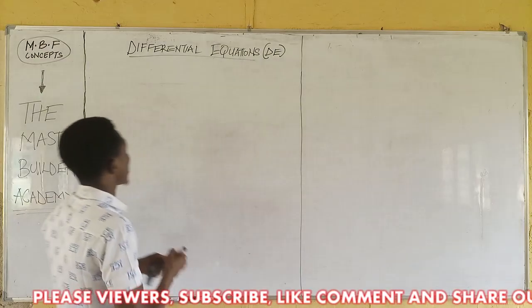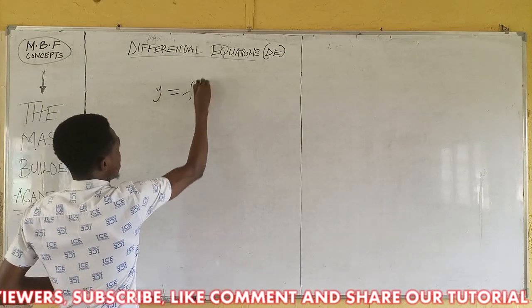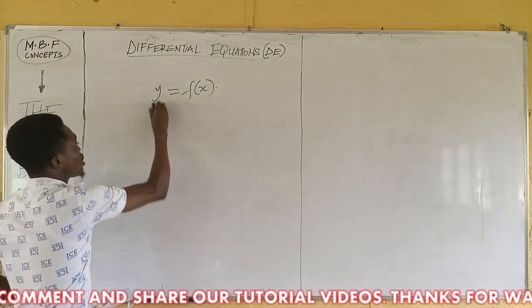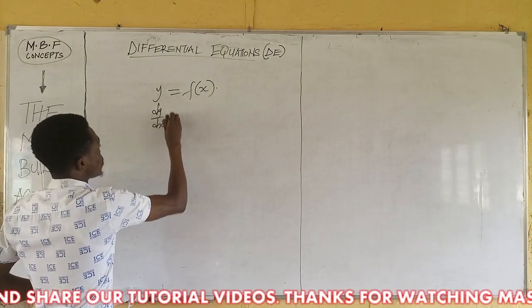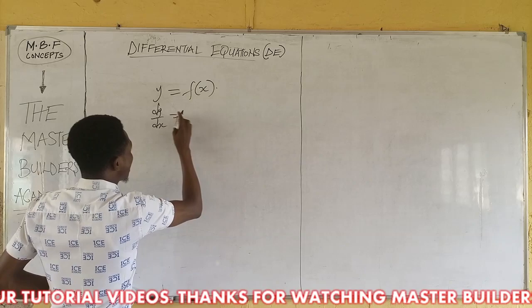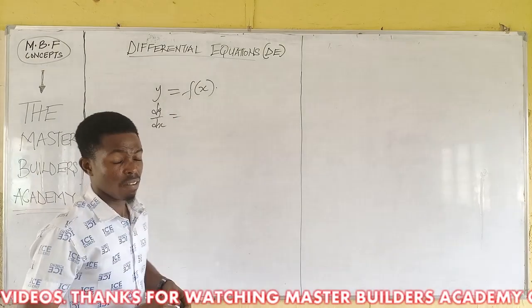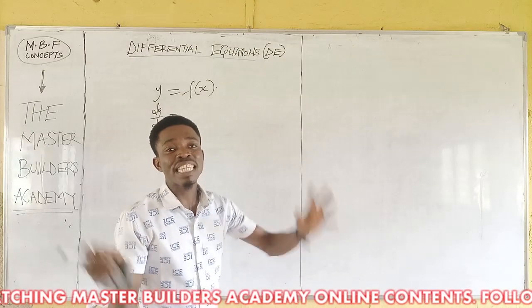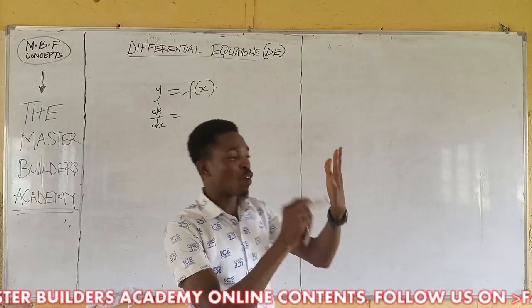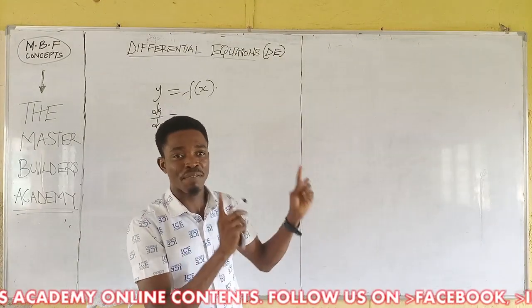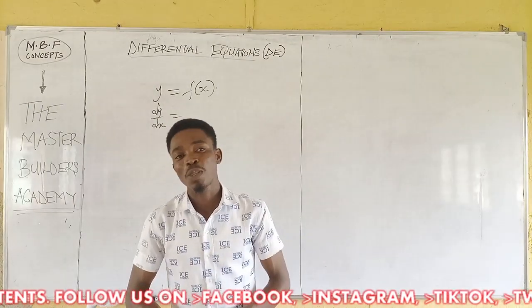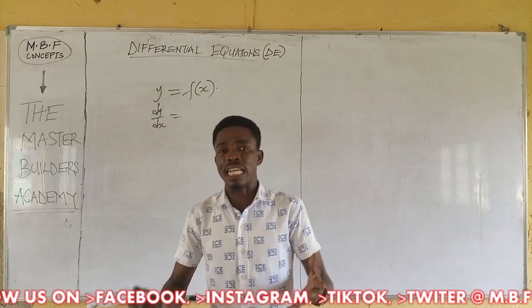Now, if for instance we have y is equal to a function of x, when I differentiate y with respect to x, this is a derivative of y with respect to x. So a differential equation is a combination of a dependent variable, an independent variable, and the derivatives of y with respect to x.